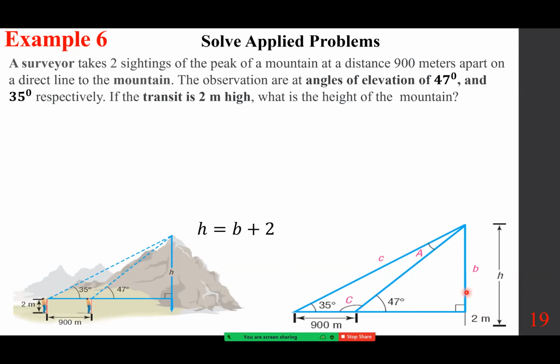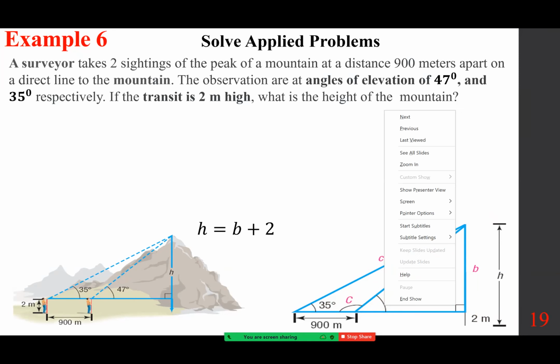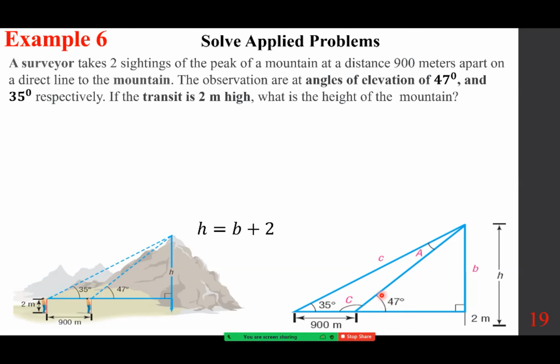So to find b, since we have this 35 degrees and we know sine is the opposite over the hypotenuse, we need to find C. So first and foremost, in this triangle, we're going to find this C. And how do we find that? This is 47 degrees. And these two give us a straight angle of 180 degrees. So C and 47 is 180.